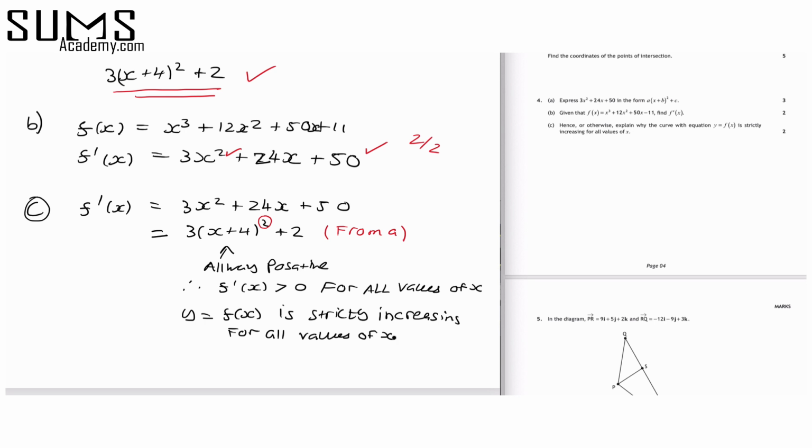Okay, so where are the marks here? The first mark is for identifying that the sign of this squared term is always positive, and then your second mark is for writing a statement interpreting what you found, or explaining why what you found means that it's always going to be increasing.